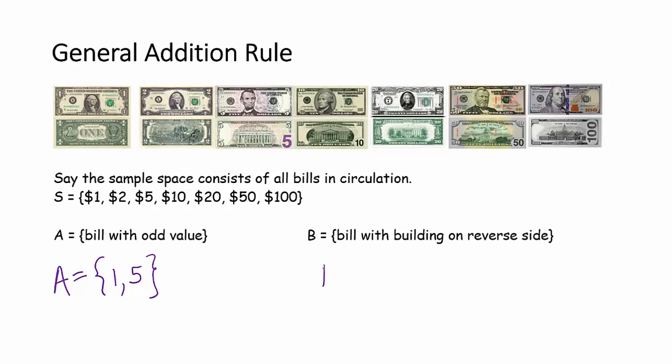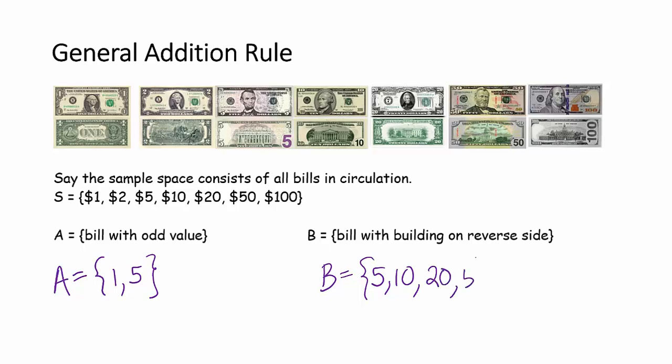So I know it's kind of hard to see, but let me help you out with that. That would be the $5. That's the Lincoln Memorial. The $10 looks like, I want to say that's the Supreme Court. I could be wrong. 20, I think that's the White House.